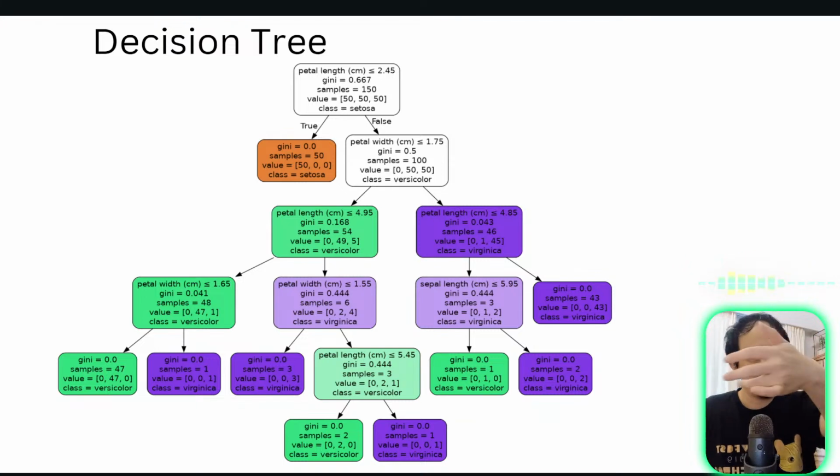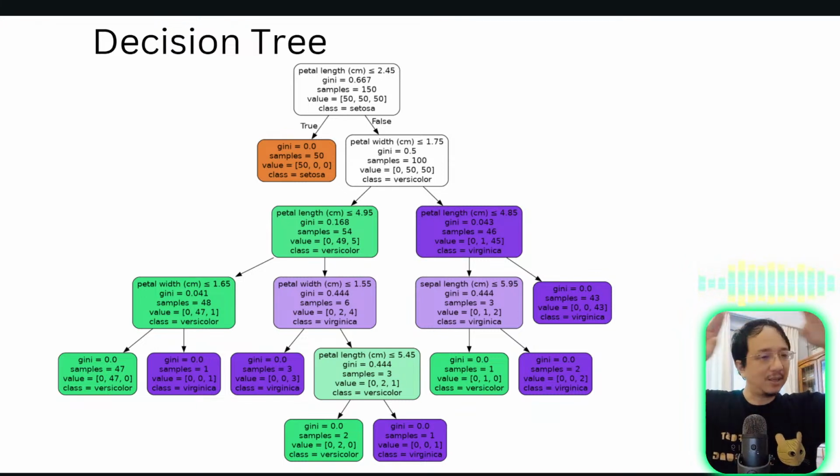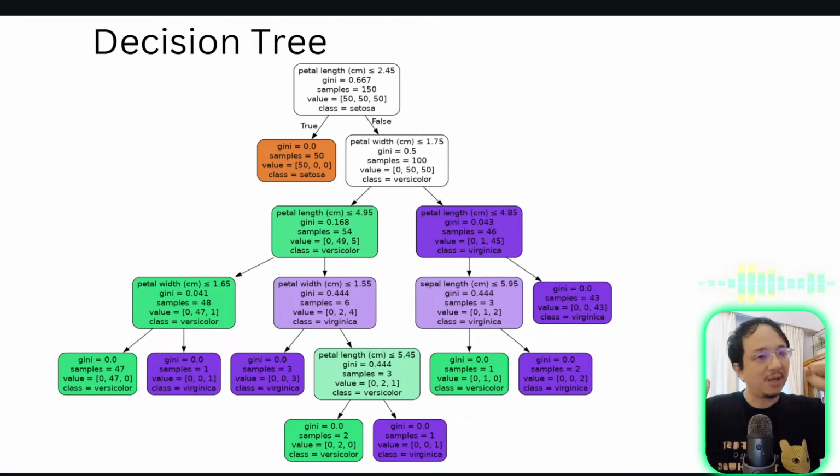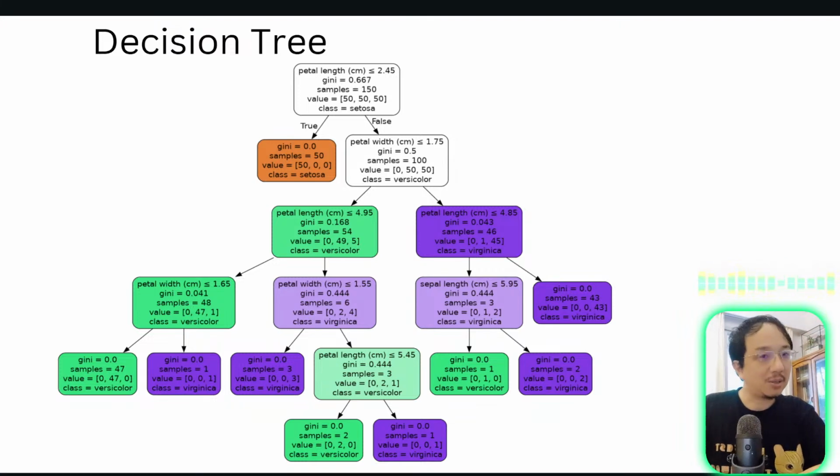For example, for points inside a circle or outside a circle, if you only give the quadratic features like x squared, xy, and y squared, it can still not determine whether this point is inside a circle or not, because we probably need x squared plus y squared.